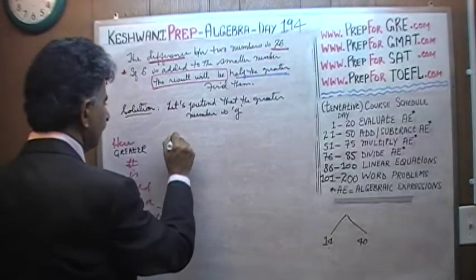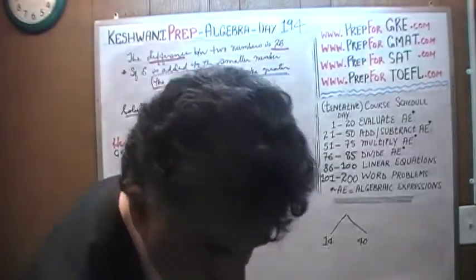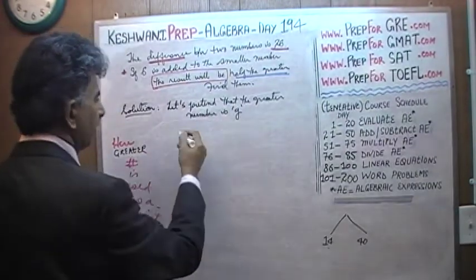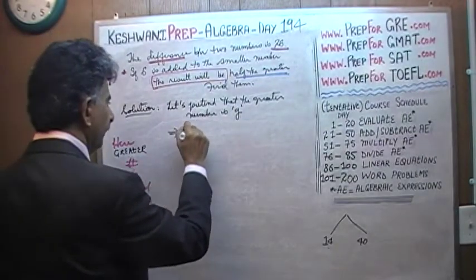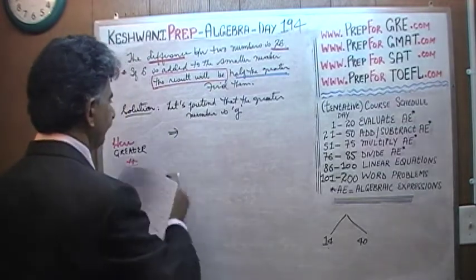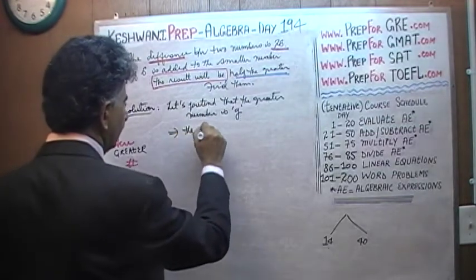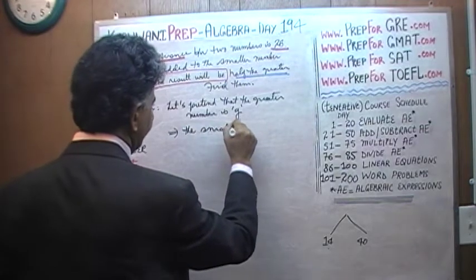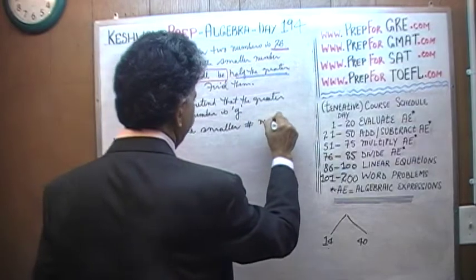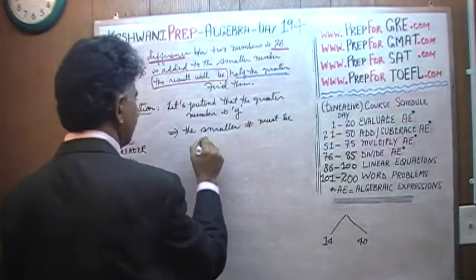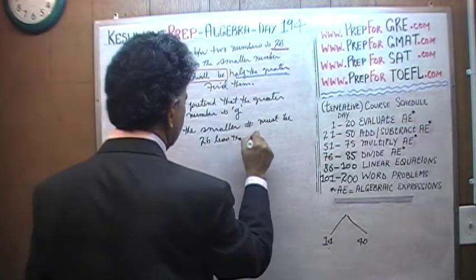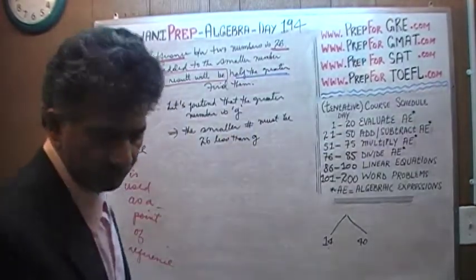Therefore, or rather you could say this implies, if that is true, let's pretend G is the greater number, that would imply that the small number must be 26 less than G. Why 26 less than G?